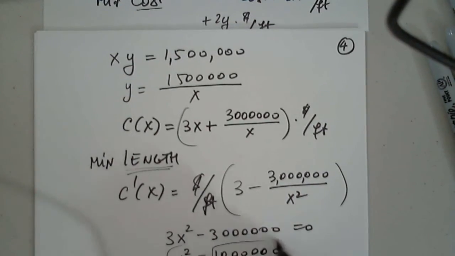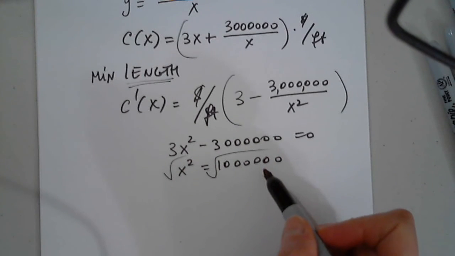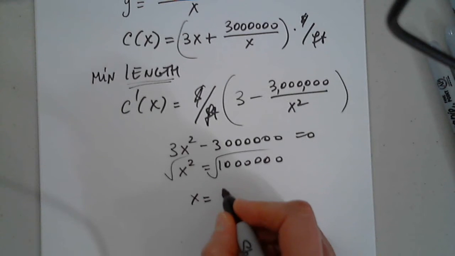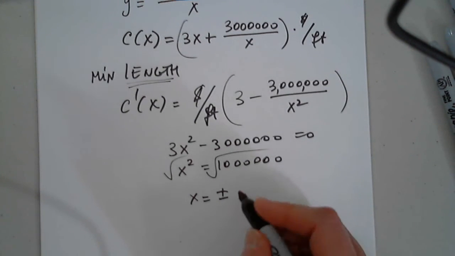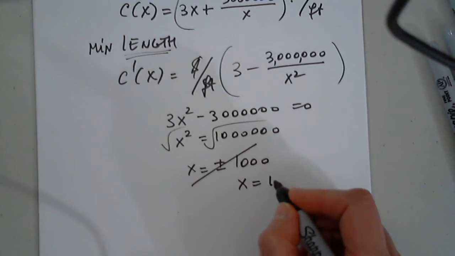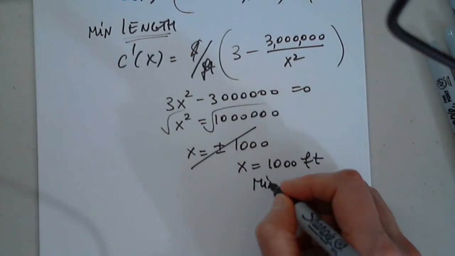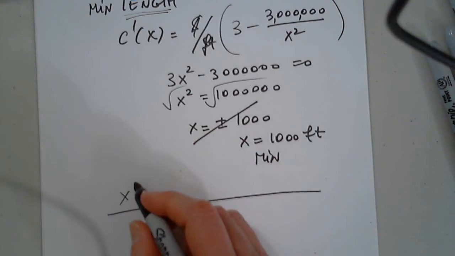We take the square root. What do we get? x equals plus or minus 1,000. Of course, it's only 1,000 feet. So I claim that this minimizes the cost. Not good enough, I have to show this.